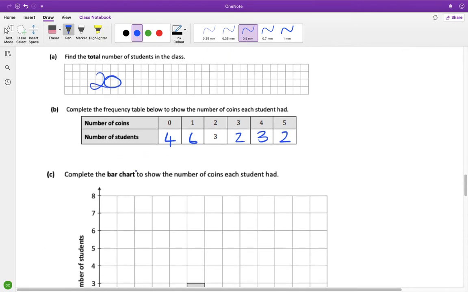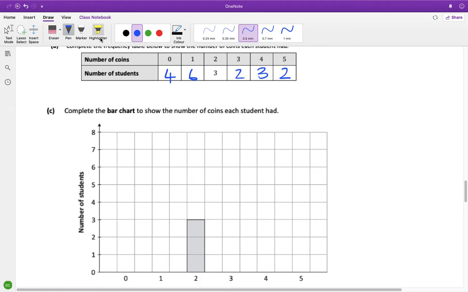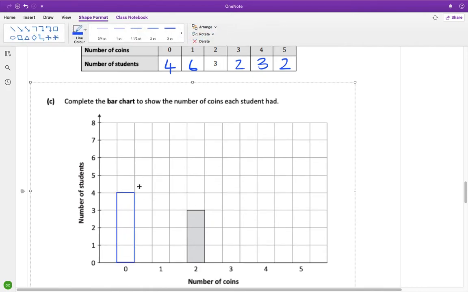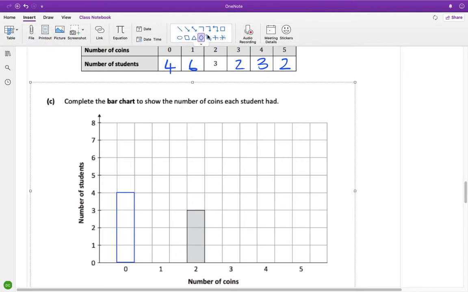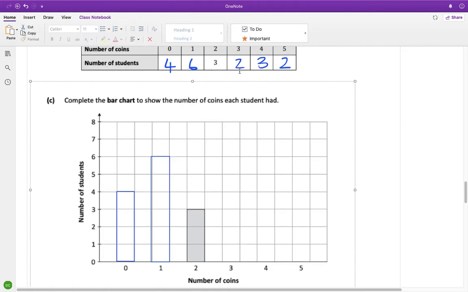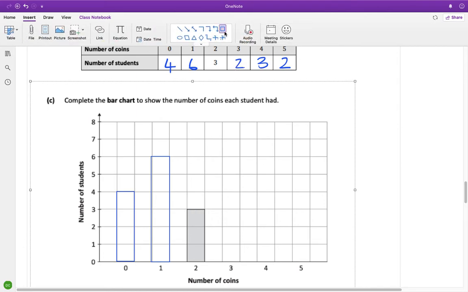Okay, so complete a bar chart. Okay, so insert box 0 should go up. So the amount of people who had no coins was 4 people. Next one's supposed to go up to 6. So we'll start here. Go up to 6. Next one's done. So 3 coins. There was 2 people.